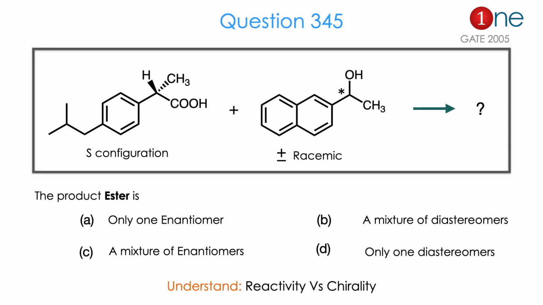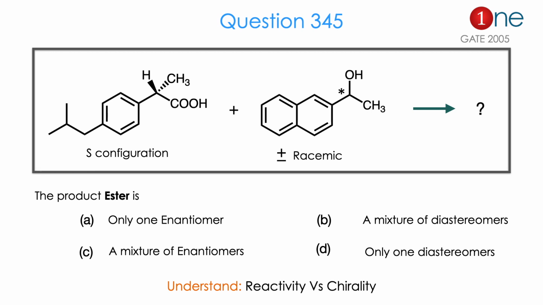Then let us look at the next question. Of the two starting materials given, one is enantiomerically pure, with S configuration, and you are reacting it with a racemic mixture. It has a mixture of both, not enantiomerically pure. They ask you to find the nature of the product. The product is clearly formed from acid and alcohol, so definitely an ester.